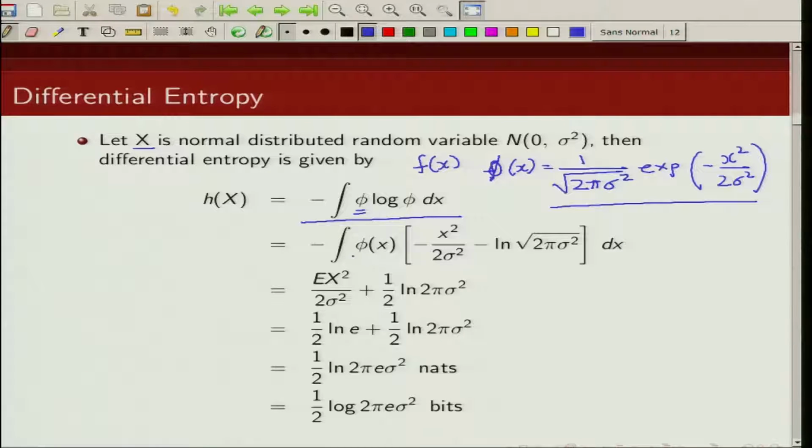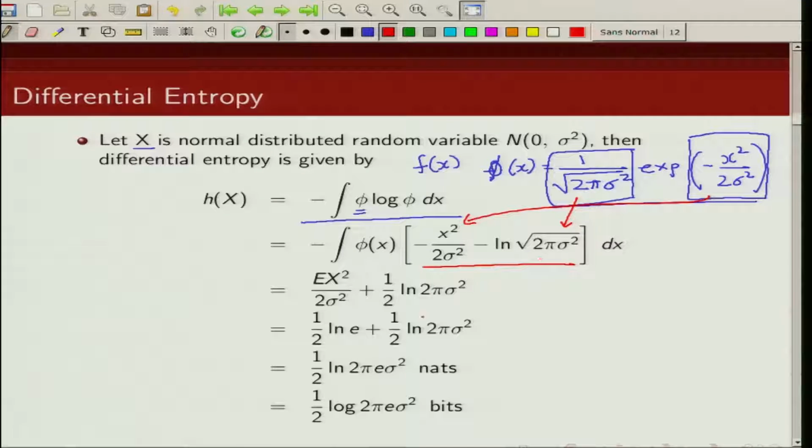So this can be written as minus the integral of phi of x times log of phi of x. Now if we take log of phi of x, we get log of this term, and log of the exponential will be just this term. So we get minus phi of x, and log of phi is given by this expression. So this is this, and log of 1 by the square root of 2 pi sigma square, that is this.